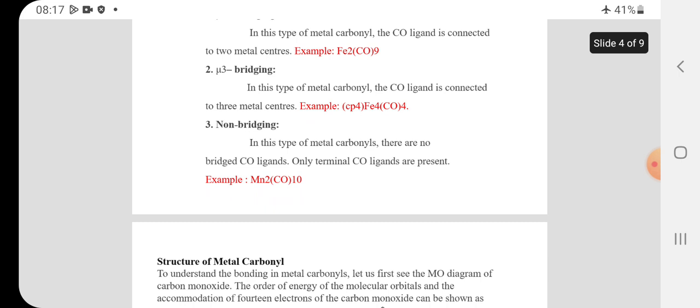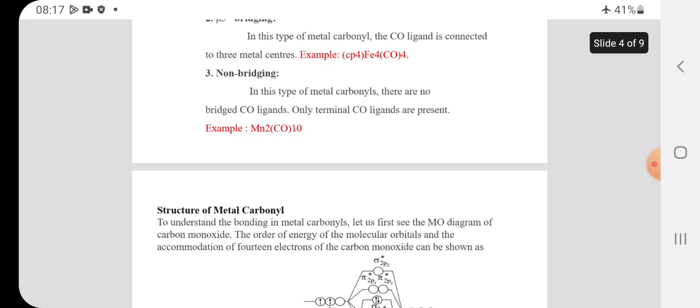In this type, the carbonyl ligand connects three metal centers. The mu3 means the number of metals connected with the carbonyl group. For example, cyclopentadienyl Fe4(CO)4.